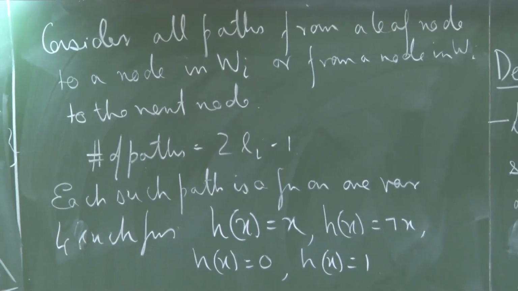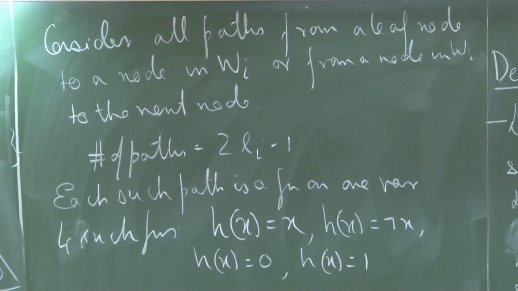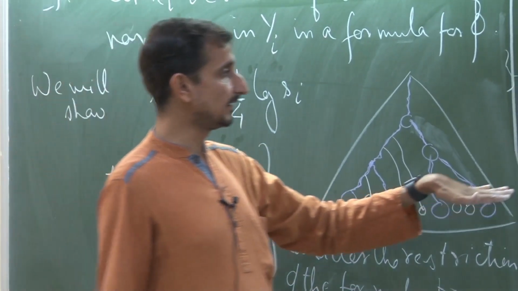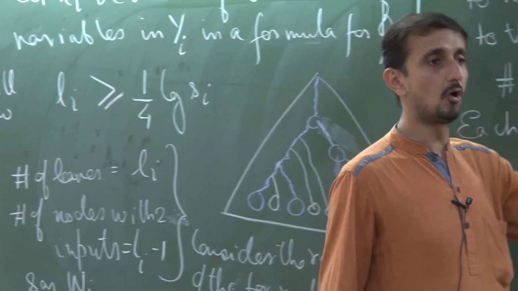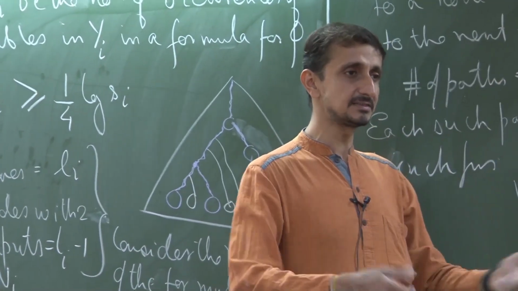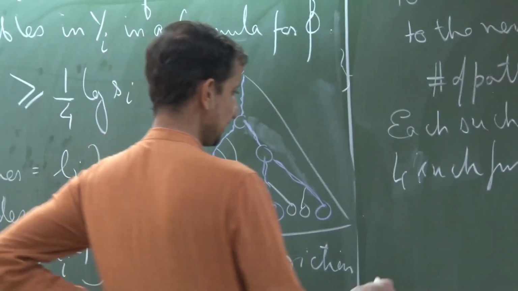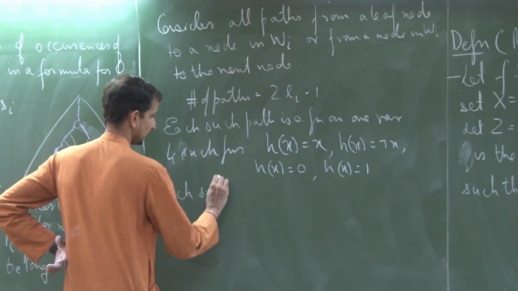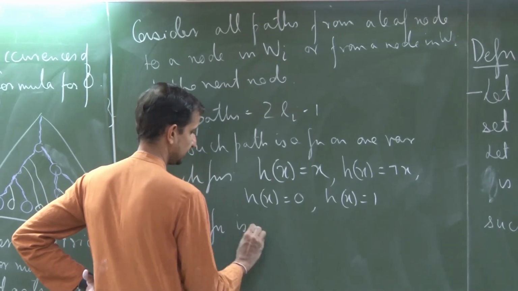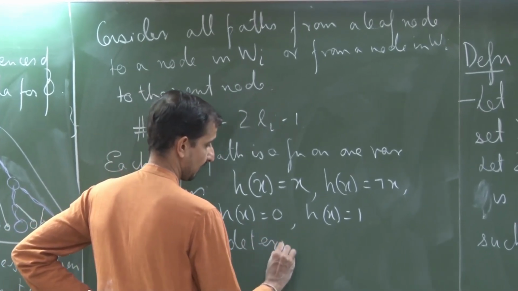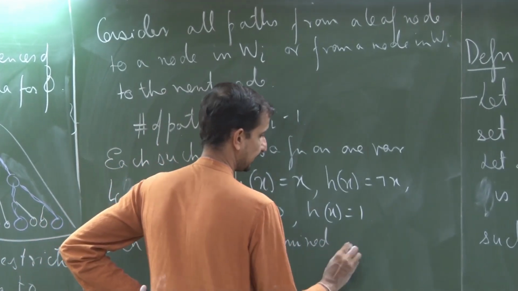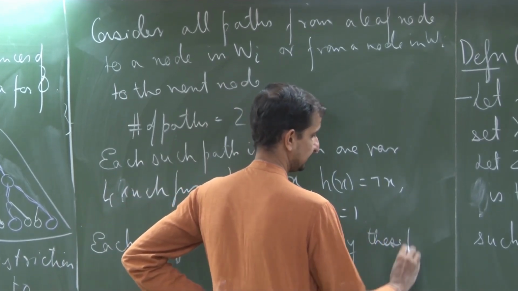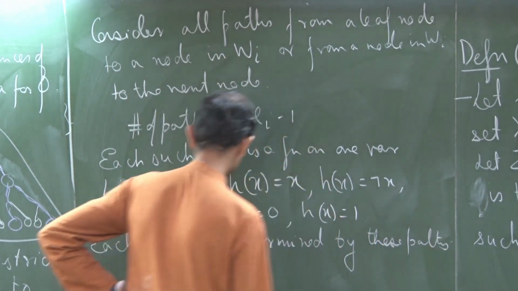Now, any sub function, which is basically just this subtree, is uniquely determined by all these paths. Once I fix all these paths, that uniquely determines a function. Therefore, each sub function is determined by these paths.